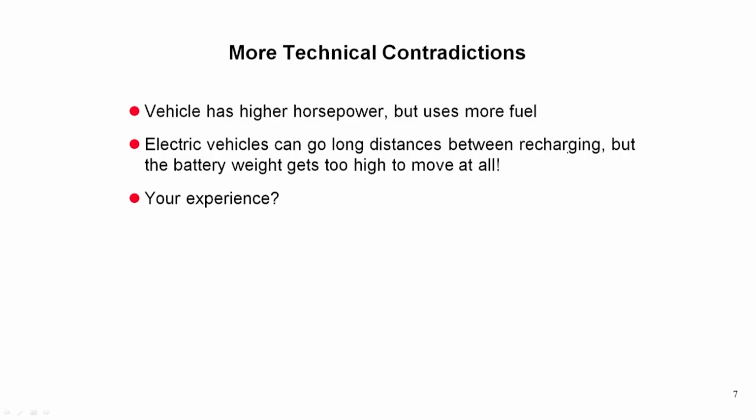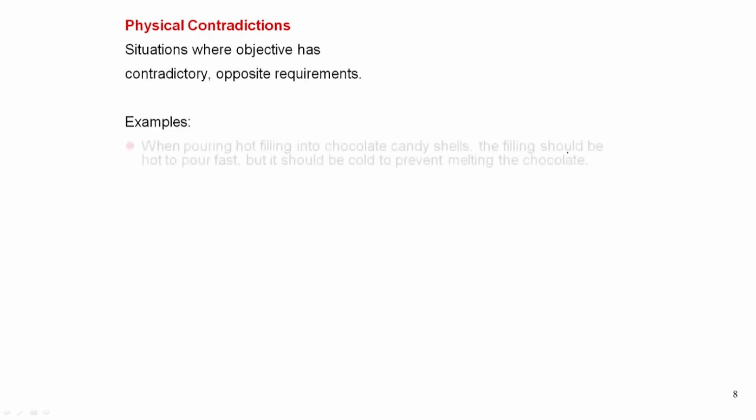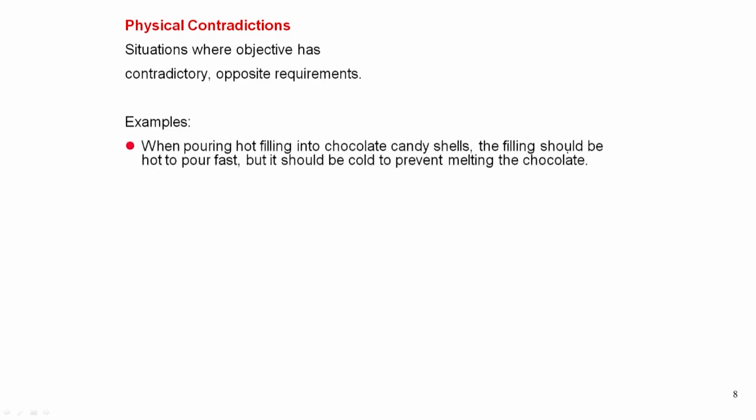Now, suppose you do not go into technical contradictions, at least you will be able to do the physical contradictions. Situations where the objective has contradictory opposite requirements. I will give you some very simple examples. When pouring hot filling into chocolate candy shells, the filling should be hot to pour fast, but it should be cold to prevent melting of the chocolate. So, that is something which is a very important contradiction in a hot chocolate fudge.